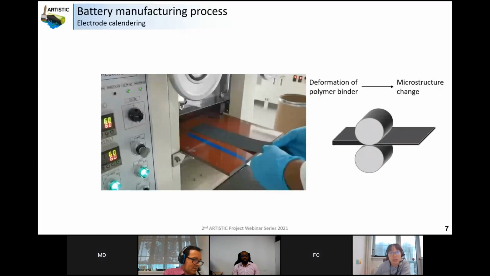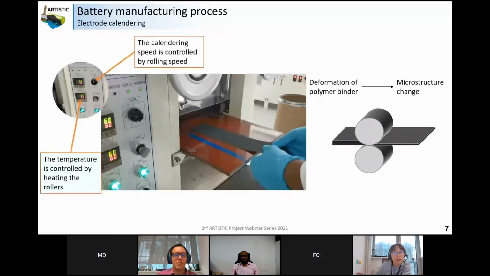The reduction in electrode porosity by compacting the laminate increases the particle contact at the expense of an increase in the electrolyte resistance. The optimum calendaring condition is a trade-off between these two effects.